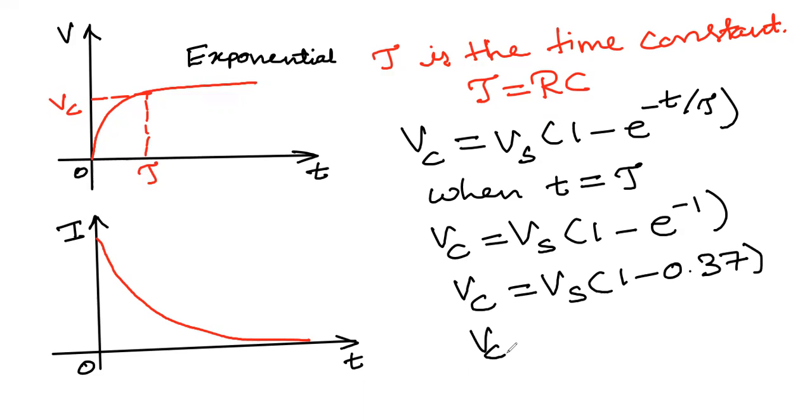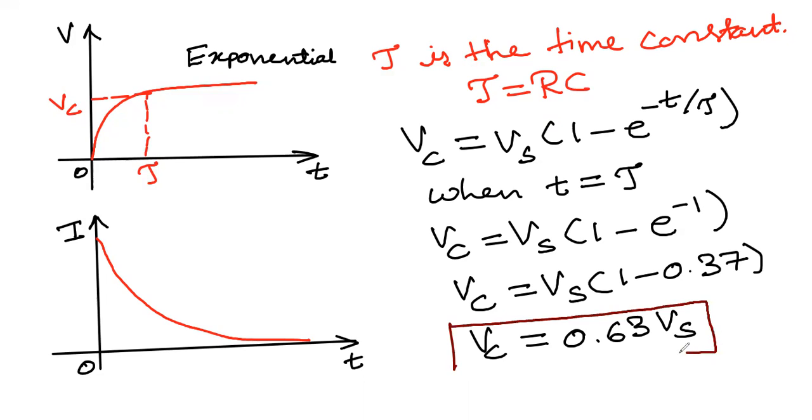So we have Vc is equal to 0.63 times Vs. This is the expression for the charging voltage of the capacitor. So it is 63% of the supply voltage.